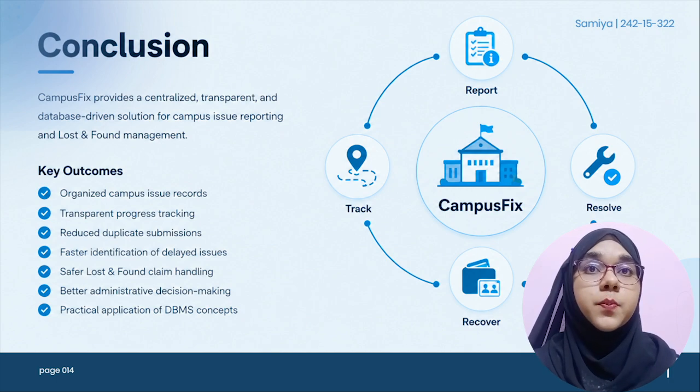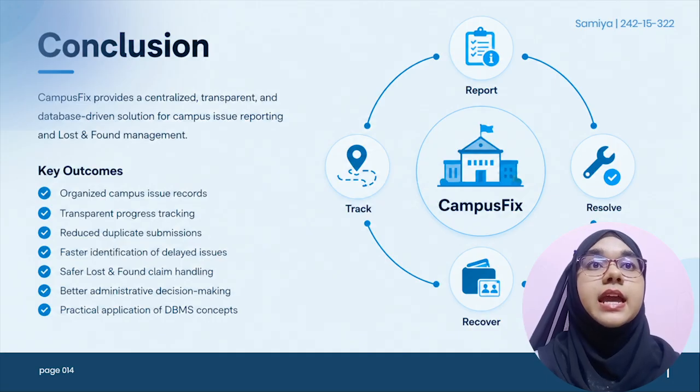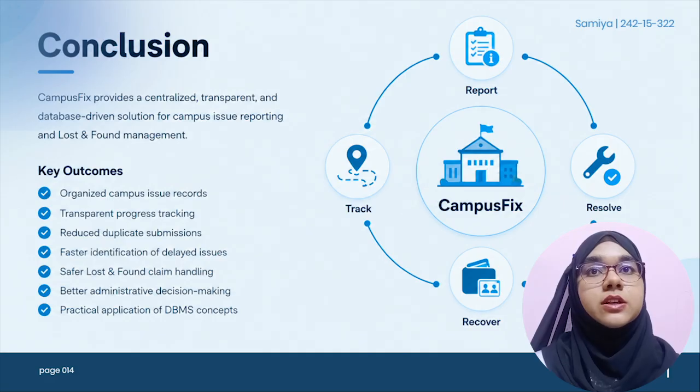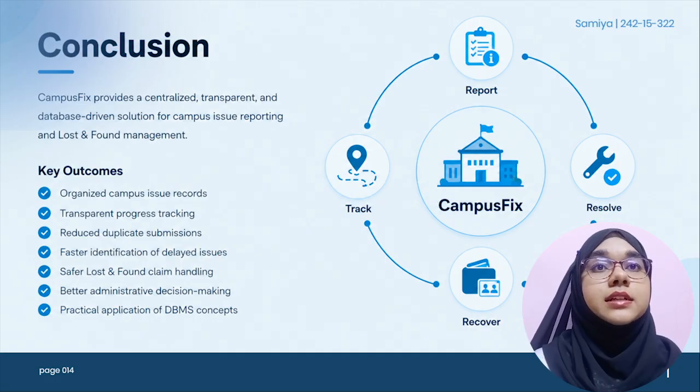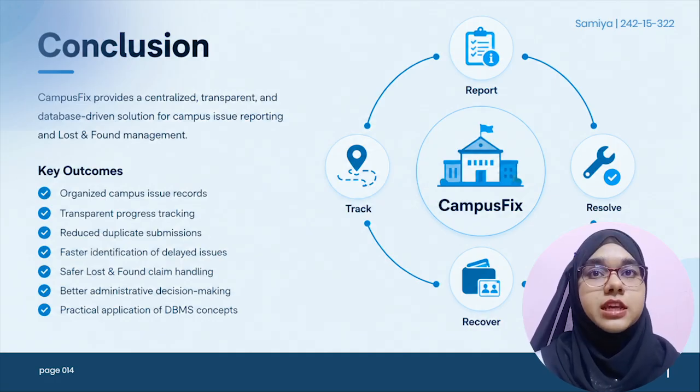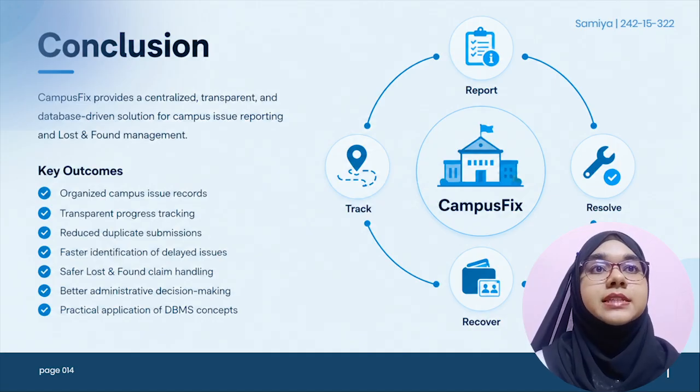It also supports better administration and decision making, and shows the practical use of DBMS concepts. As shown in the diagram, the system follows 4 steps: report, track, resolve, and recover. This workflow makes CampusFix efficient, transparent, and user friendly.